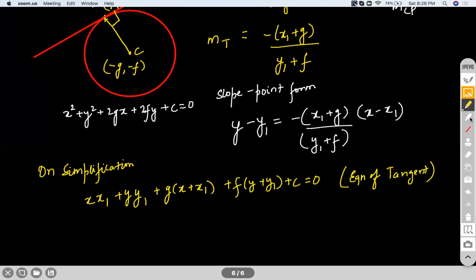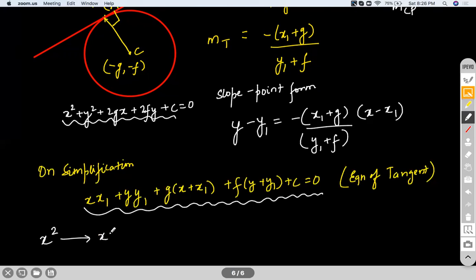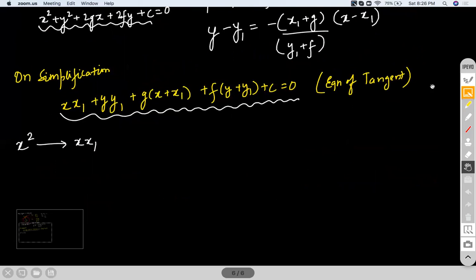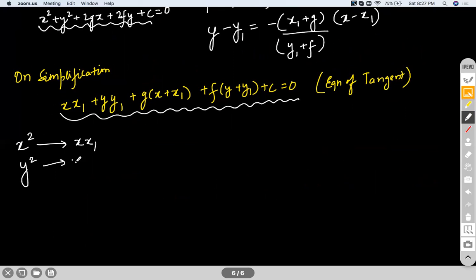Now, there's a very beautiful thing that is happening over here. If you see these two equations together, you'll see some pattern. Do you realize that your x square got replaced with x(x1)? Your y square got replaced with y(y1).